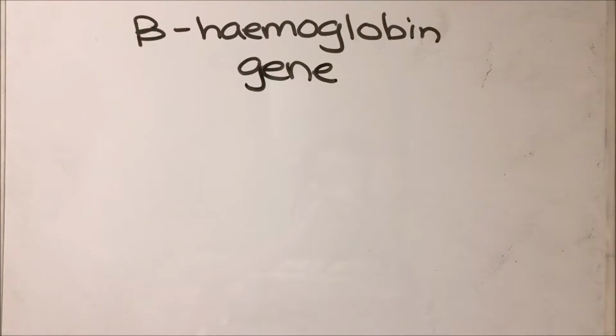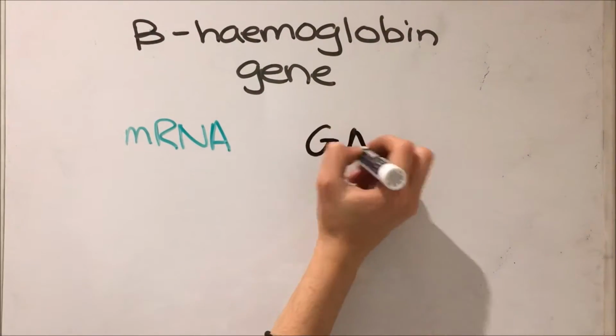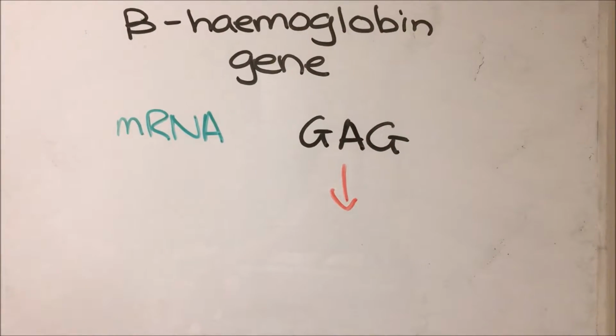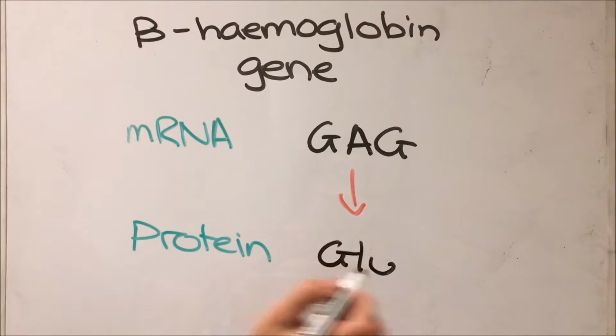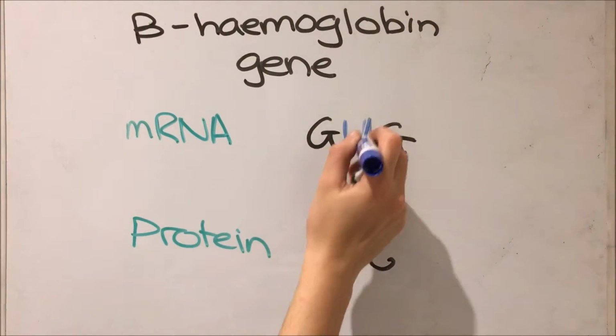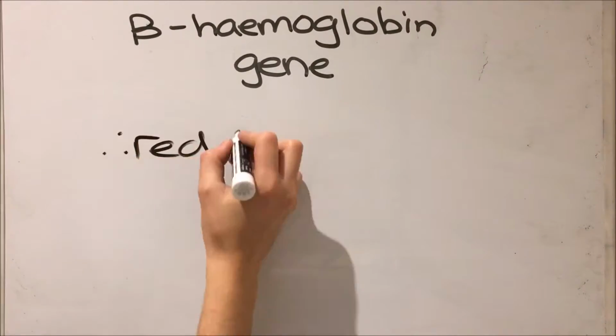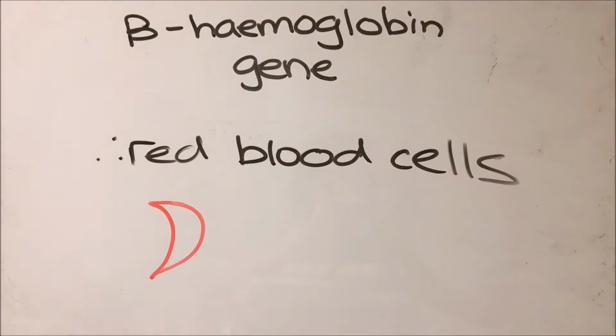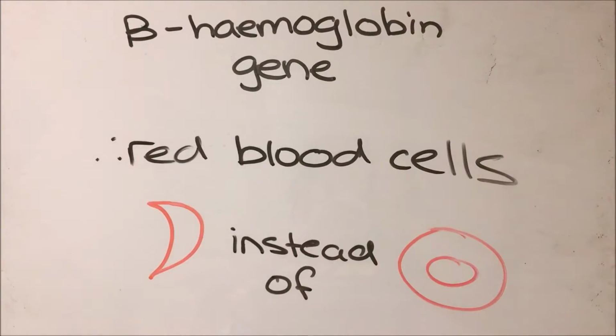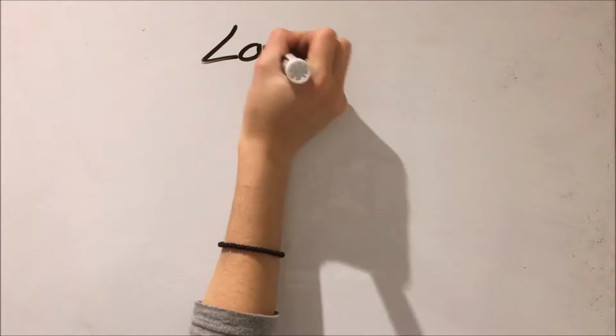This single base change converts a GAG codon into GUG, changing glutamic acid into valine. Ultimately, this causes an abnormality in the hemoglobin which carries oxygen, as the red blood cells are of a rigid, sickle-like shape.